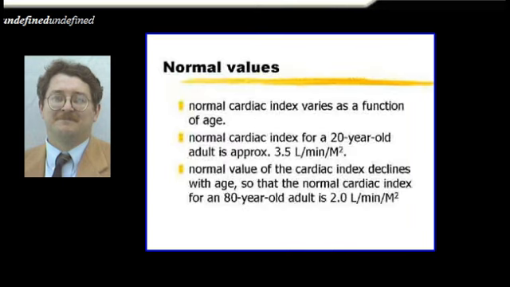The normal values for cardiac index vary as a function of age. For a 20-year-old adult, normal cardiac index is approximately 3.5 liters per minute per meter squared. On the other hand, for an 80-year-old adult, the normal cardiac index is on the order of 2 to 2.5 liters per minute per meter squared.